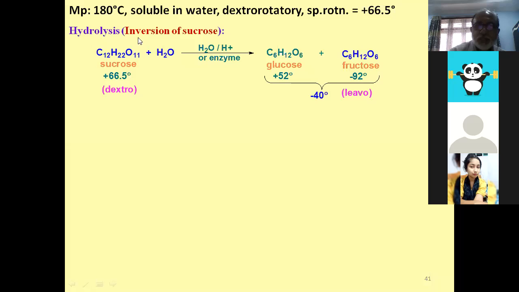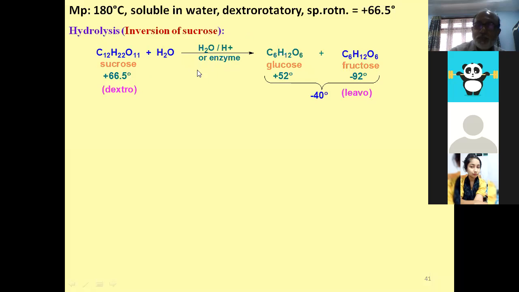So hydrolysis is also known as inversion of sugar. Inversion of sugar is nothing but hydrolysis of sugar, as sugar means sucrose. That is why the enzyme is named invertase, because it is inverting this sugar.